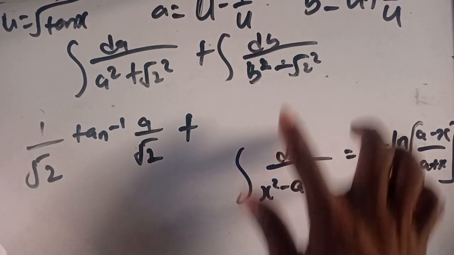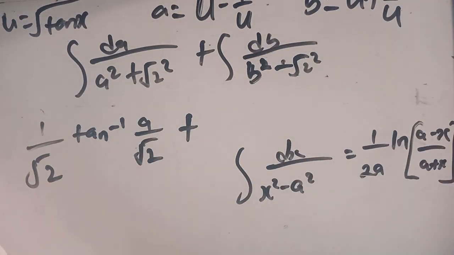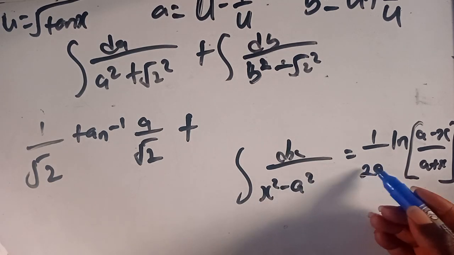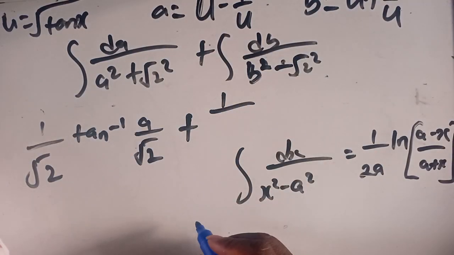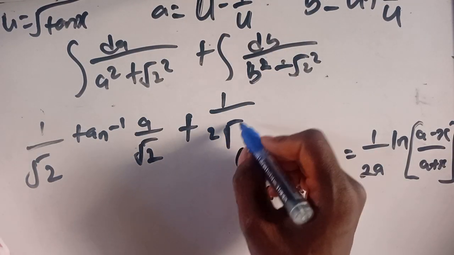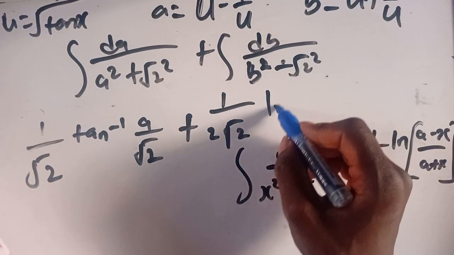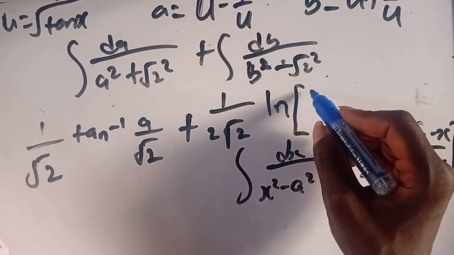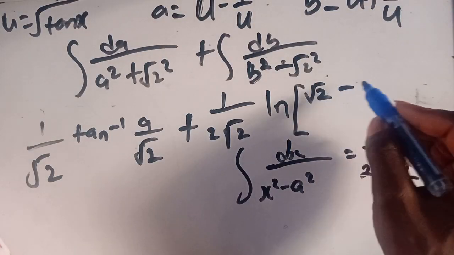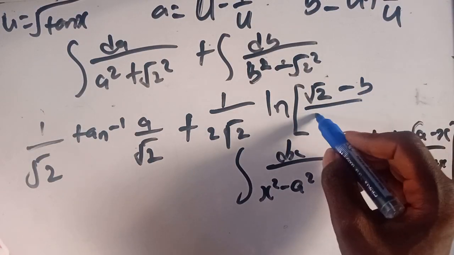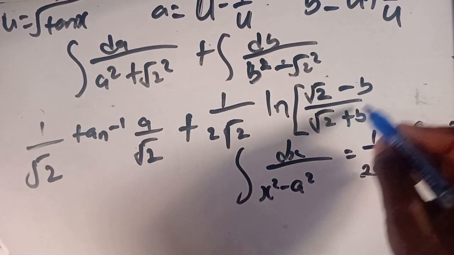So how can we transform this to this? Here now we can say plus 1 over 2a, our a is root 2. So here we have 1 over 2 root 2 ln of root 2 minus b over root 2 plus b.